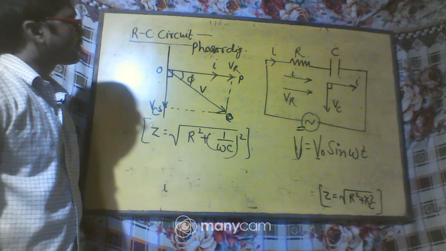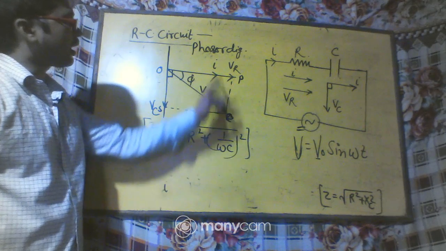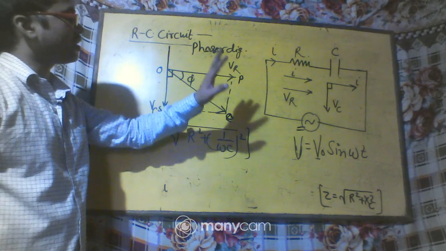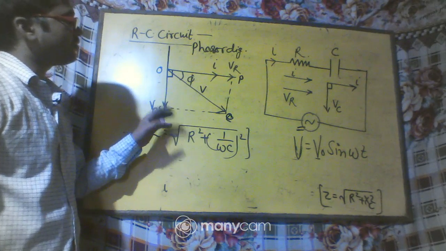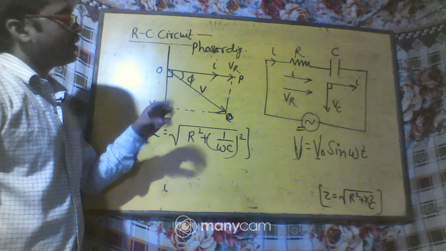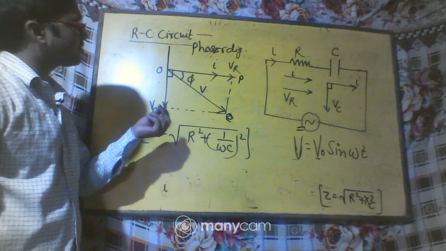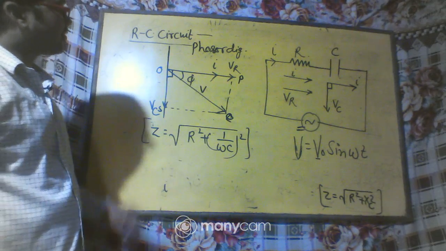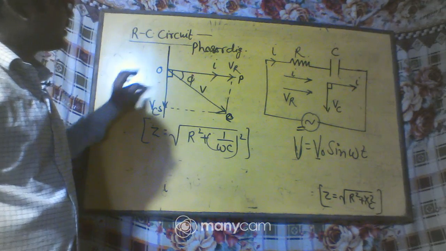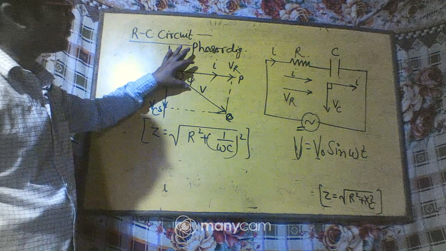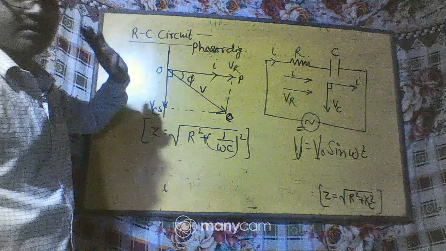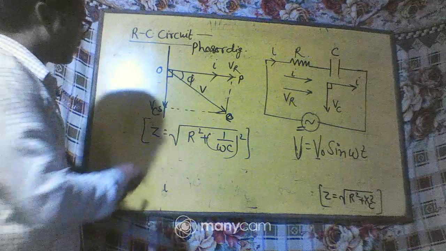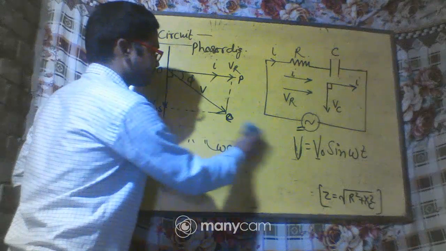He is not interested in finding the phase difference between I and VR, or current and voltage across C, but he wants to find the net phase. Net phase means for any circuit which contains more than one element, the phase difference for the circuit is the phase between net voltage and current. Okay, so let's see what the phase difference is.